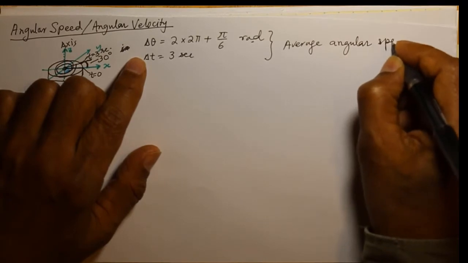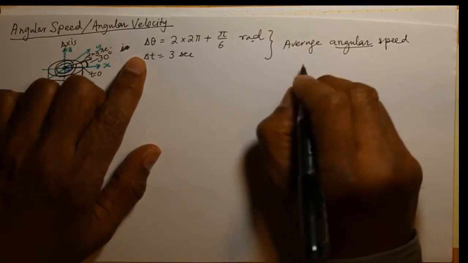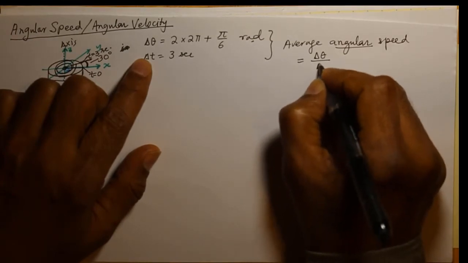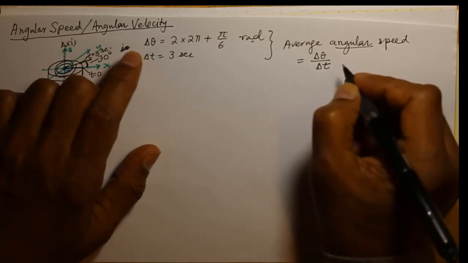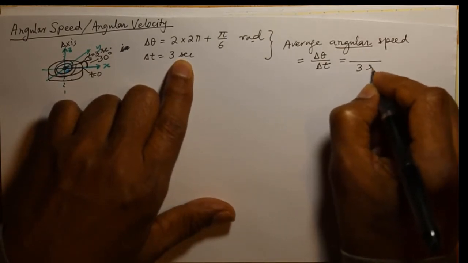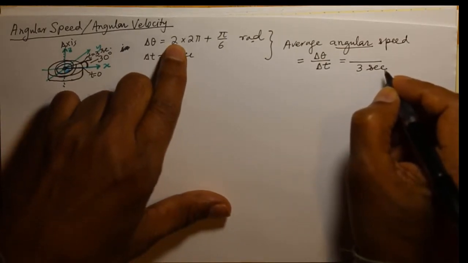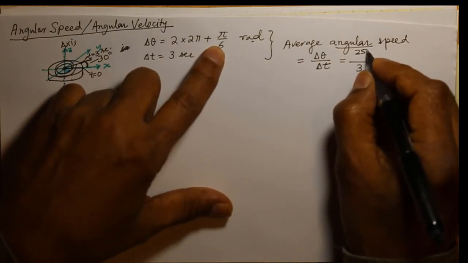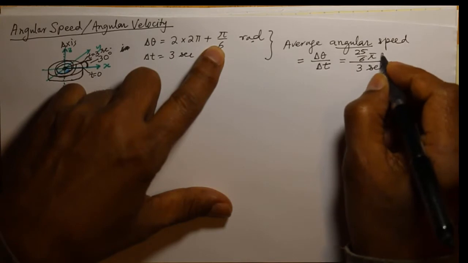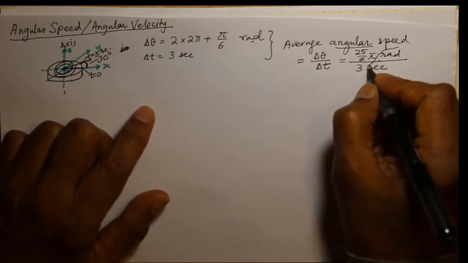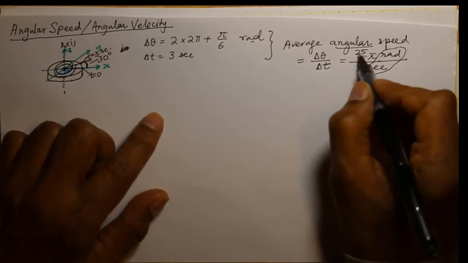So we say average angular speed, and that will be delta theta over delta t, and if you look at it, I have 3 seconds here, and so it is 25 over 6 pi radian. So you can see the unit is going to be radian per second.